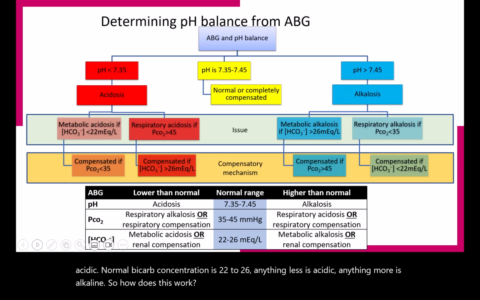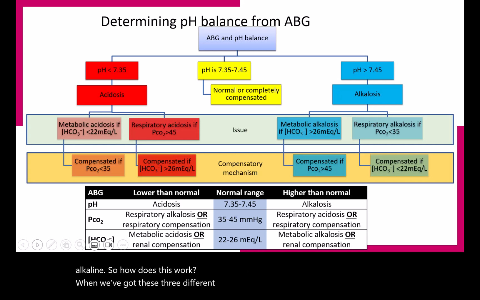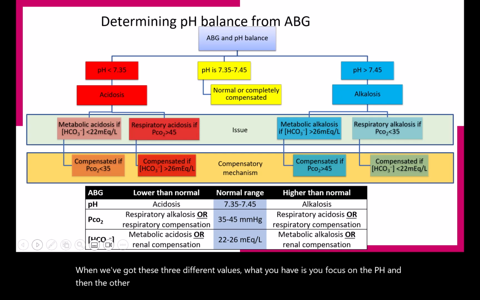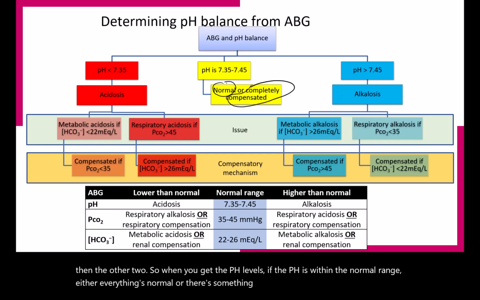When we've got these 3 different values, you focus on the pH and then the other 2. So when you get the pH levels, if the pH is within the normal range, either everything's normal or there's something wrong, but it's fixed, right?